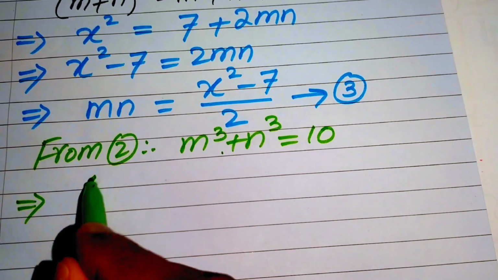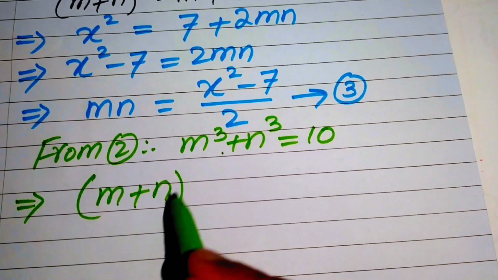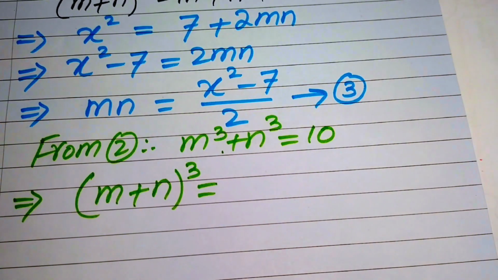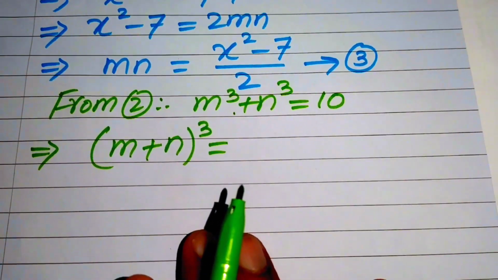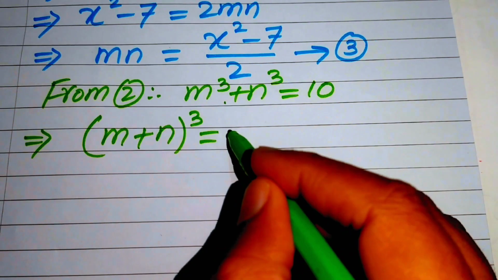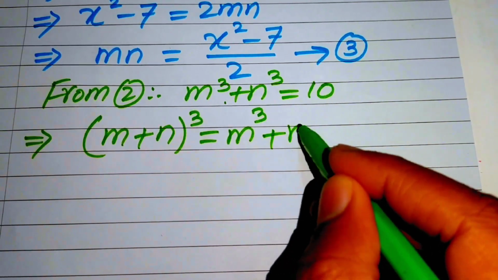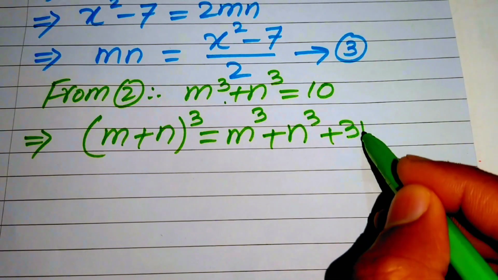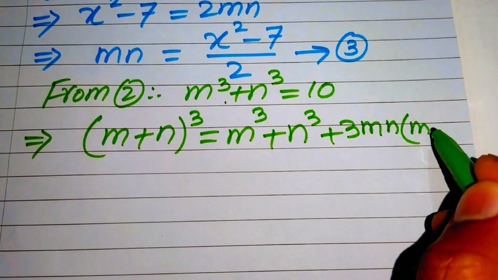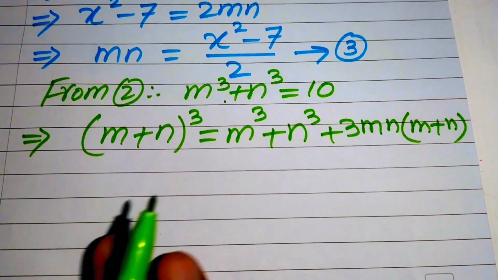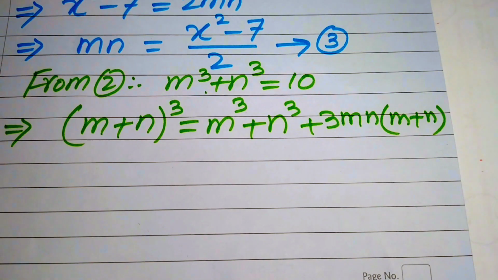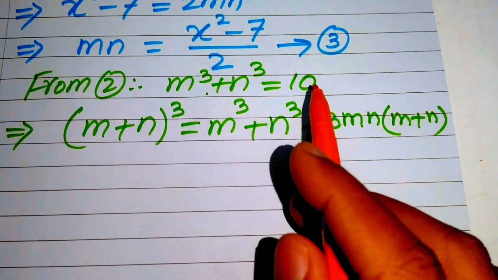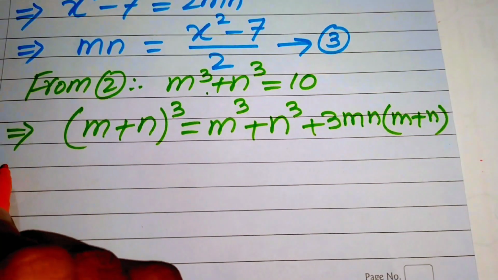So we write it as m plus n whole cubed equals, and here we use the cubic formula, and you know that the cube of m plus n equals m cubed plus n cubed plus 3 times m multiplied by n into m plus n. It is a very well known cubic formula, and now we just put the value of m cubed plus n cubed equals 10 and m plus n equals x.